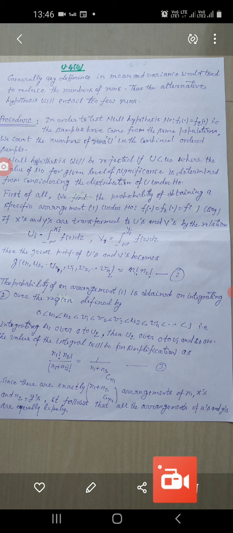If x's and y's are transformed to u and v by the relation Ui is equal to the integral from minus infinity to xi of f(z) dz, and Vi is equal to the integral from minus infinity to yi of f(z) dz, then the joint PDF of u's and v's becomes g(u1, u2, up to un1, v1, v2, up to vn2) is equal to n1 factorial times n2 factorial, and let it be equation number 2.